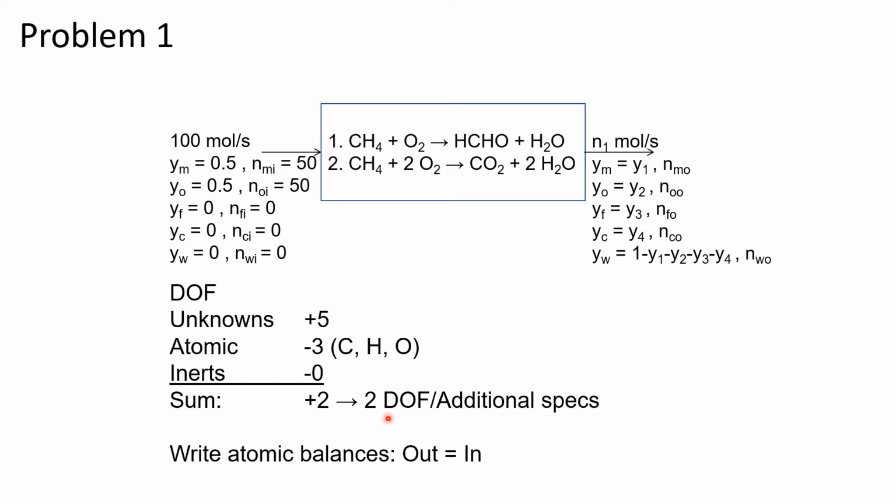This means that we have 2 degrees of freedom, and that we need 2 additional specifications, or specs, in order to solve this problem. And what we're going to do, once we have these, is write for our atomic balances that what comes in for each of the atomic species is equal to what comes out.